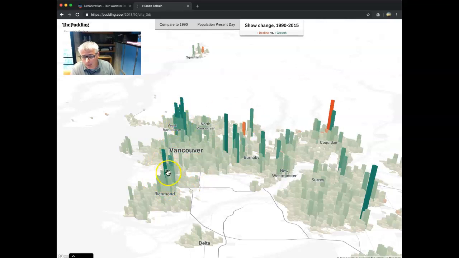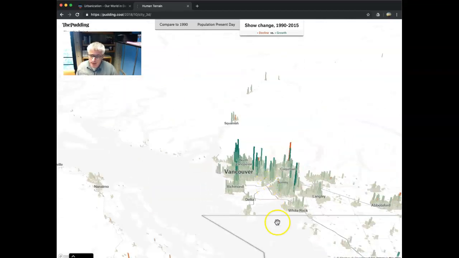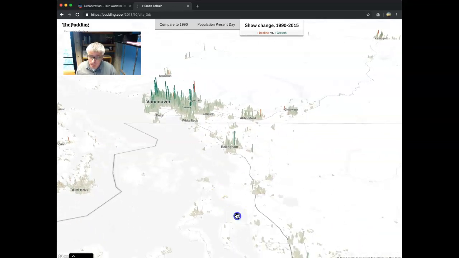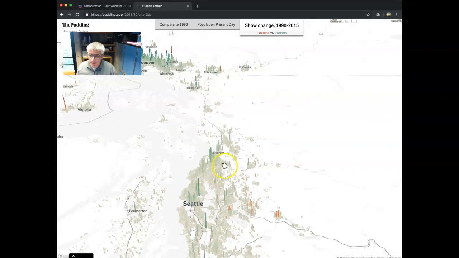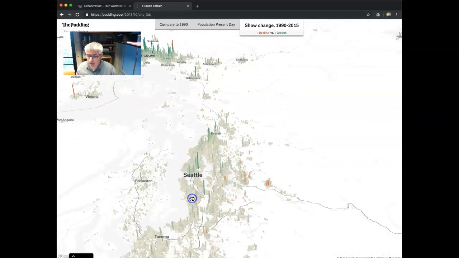Vancouver is focused more on urban development and on having multifamily homes, high-rises, apartments, condos, where Seattle, and most of Washington, has still focused a bit more on single-family homes. So you see this big area with lots of growth everywhere, very few dark peaks.